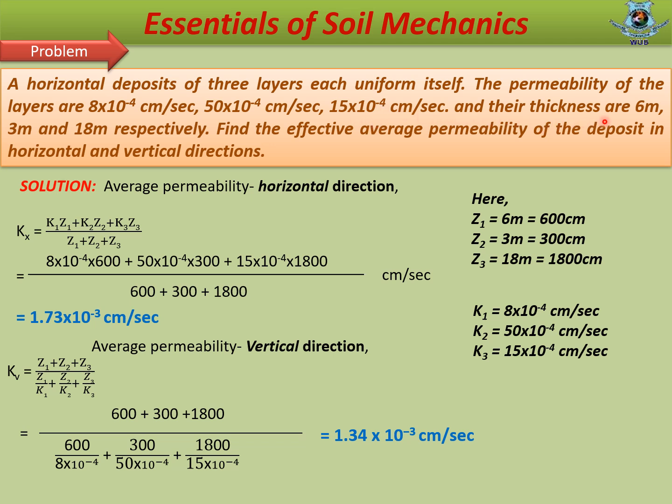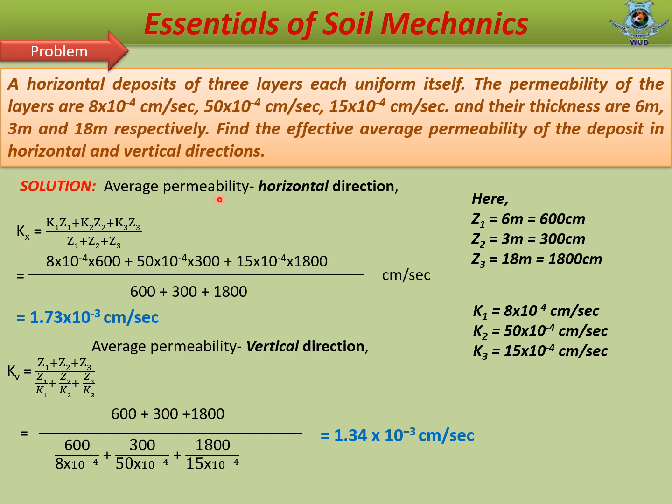And their thickness are 6 meter, 3 meter, and 18 meter respectively. That means these are the values of coefficient of permeability, and these are the values of thickness of soil of 3 layers. Find the effective average permeability of the deposit in horizontal and vertical directions. So we have to calculate Kx and Kv.